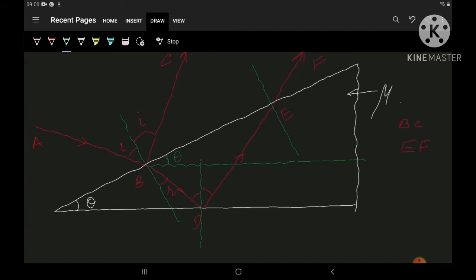Now let us draw three normals from point E. The first normal is drawn on the ray BC. Suppose this is a normal on BC having angle 90 and its name is G.